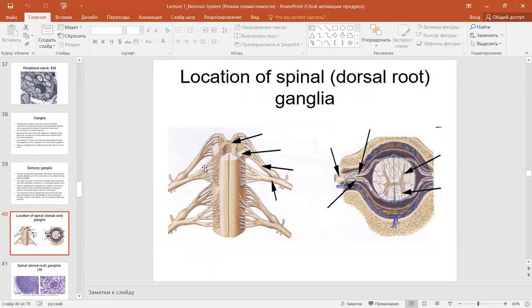Here you have the location of dorsal root ganglia, or the spinal ganglion, and the dorsal roots coming to the spinal cord, a segmented structure.